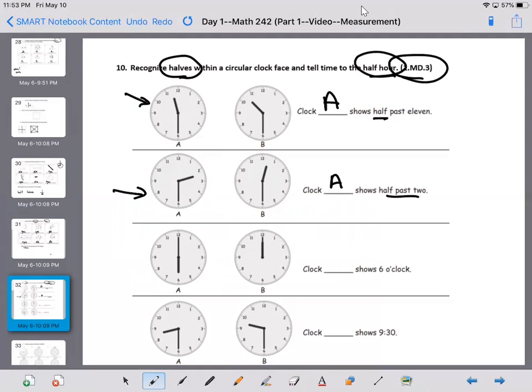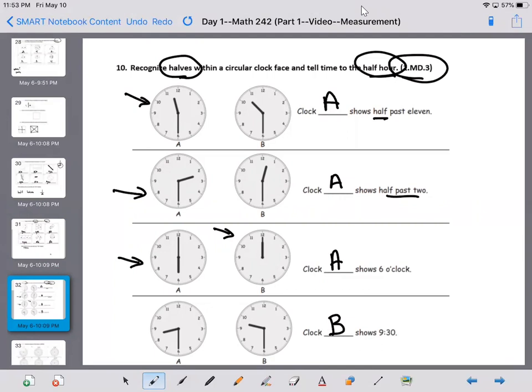Well, which clock shows 6 o'clock? Well, this one shows 6 and this one shows 12 o'clock. And then below, we would say which clock shows 9:30. And then we would say that B would do that. And so why is that the case?